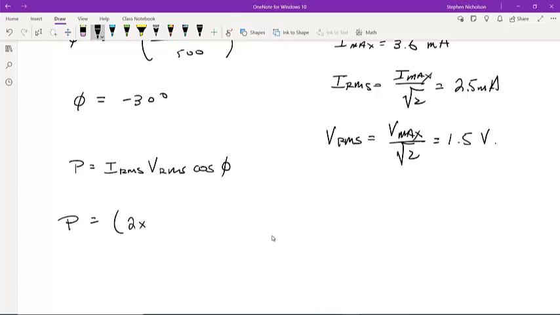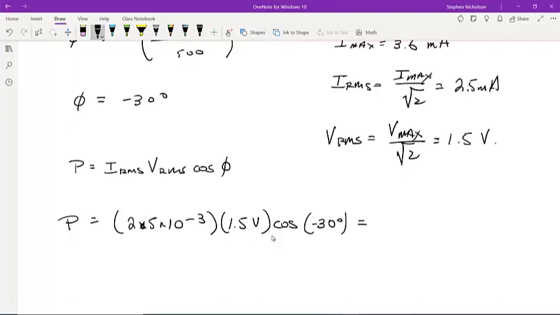So we're going to have 2.5 milliamps, so we've got to convert that back to amps. Voltage is fine, 1.5 volts, times the cosine of negative 30 degrees. And remember, the cosine is even, so it still works out right here even if you have a negative phase angle. 2.5 e to the minus 3 times 1.5 times the cosine of negative 30.